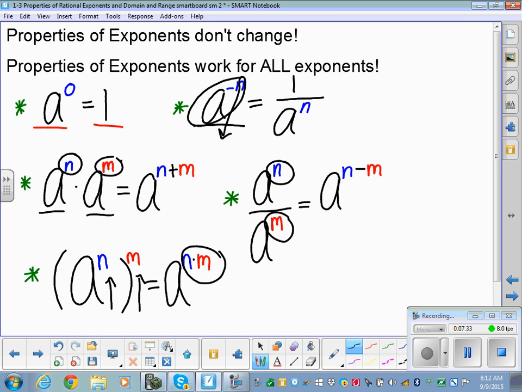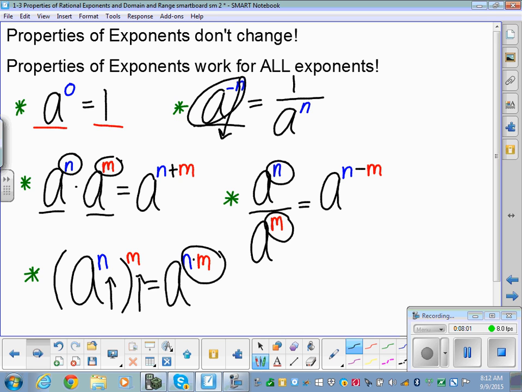So the song went like this: when you multiply, you add. When you divide, you subtract. Raise a power to a power, and you multiply. That only works for the same base, and we're talking exponents. It doesn't work for numbers. If you divide numbers, you divide them. If you multiply numbers, you multiply them. The only thing that works is exponents with the same base.